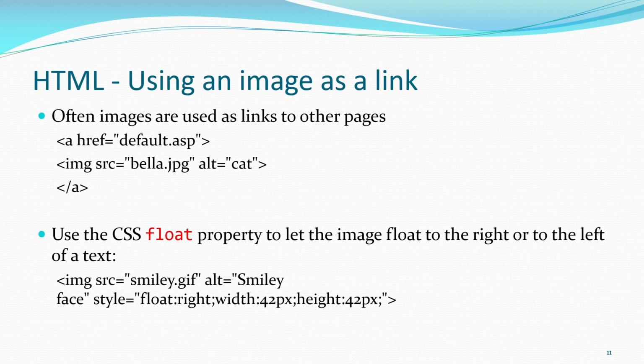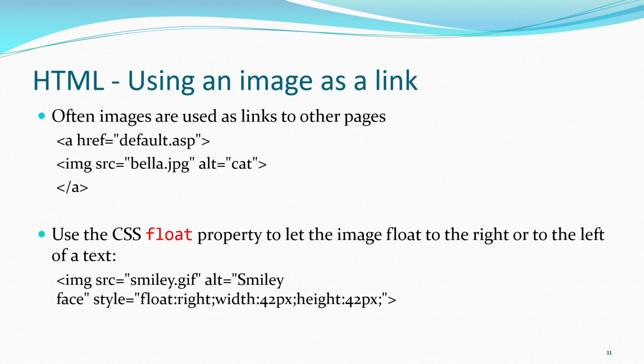Now, it's quite easy to use an image for a link rather than text. So in the last session we had the A tag with the href, close that first tag, and then we had some text, which is what is displayed as the hyperlink.